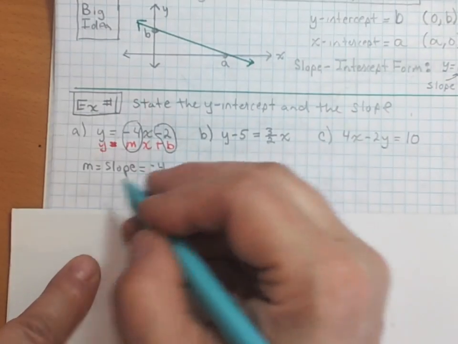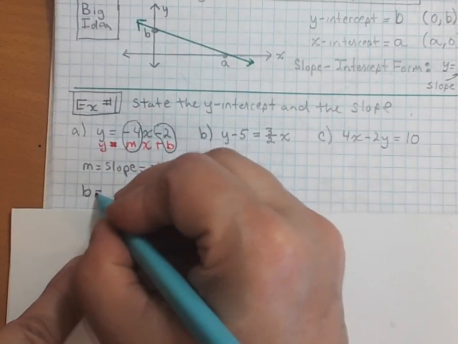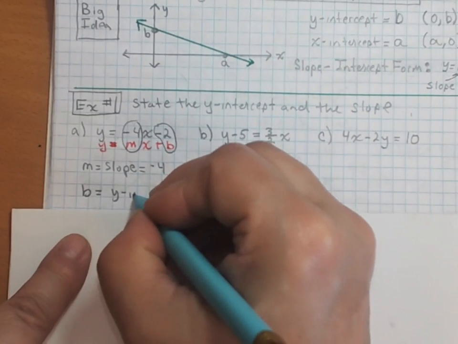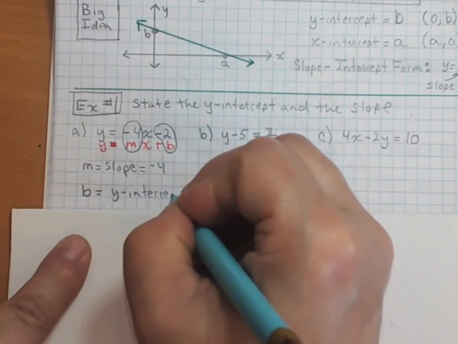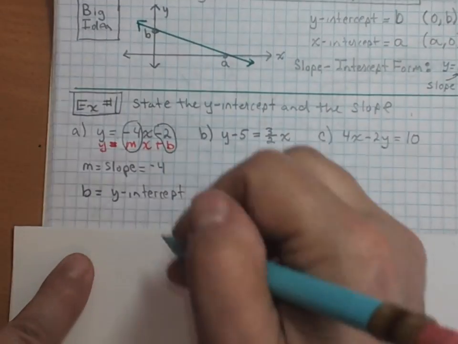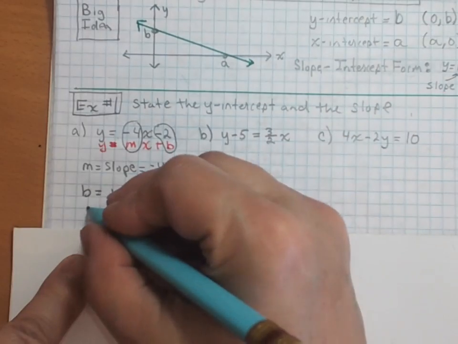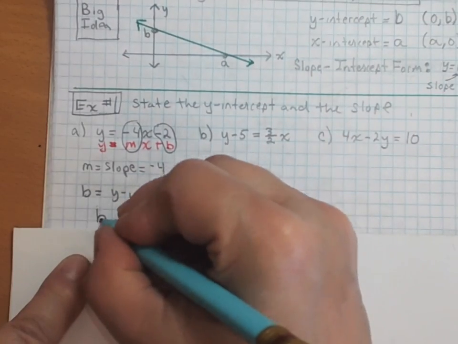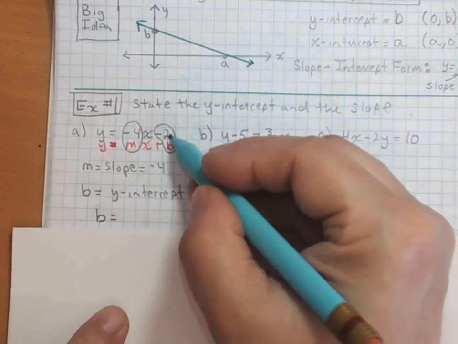And b, which is our y-intercept, is going to be b equals -2.